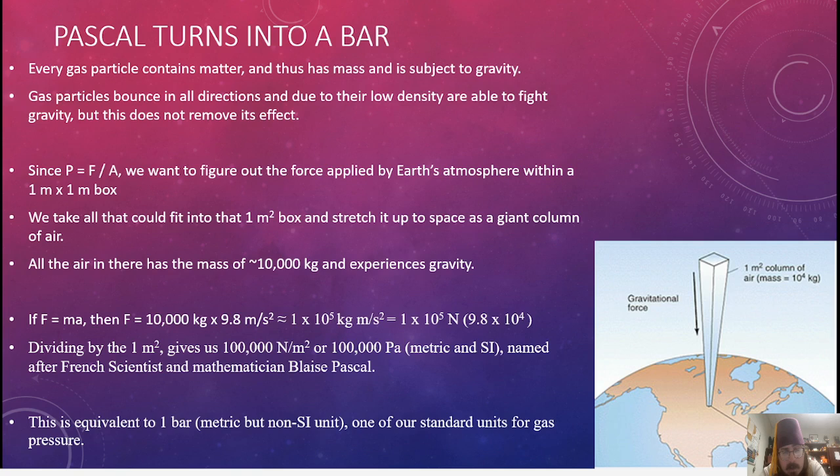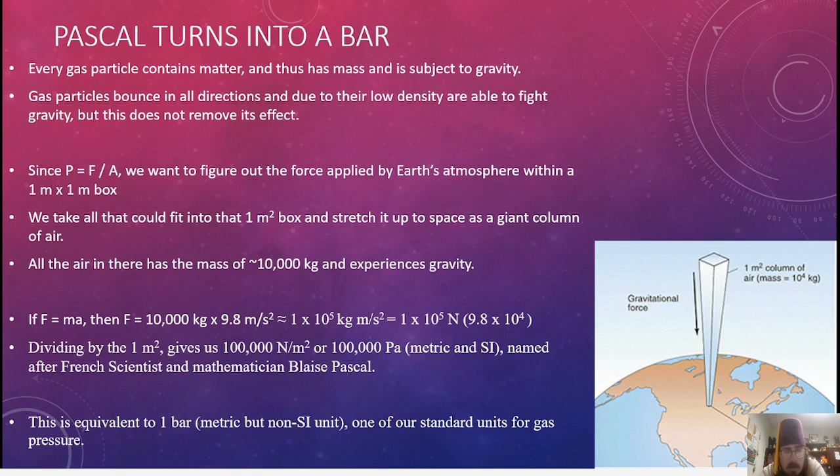Technically, it's 9.8 times 10 to the 4th, but that's close enough. Now, because it's a force and we're dividing by the area it's applied under, that 1 by 1 box, that gives us a unit of 100,000 Newtons per meter squared.